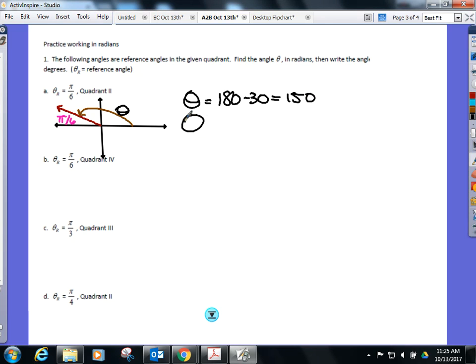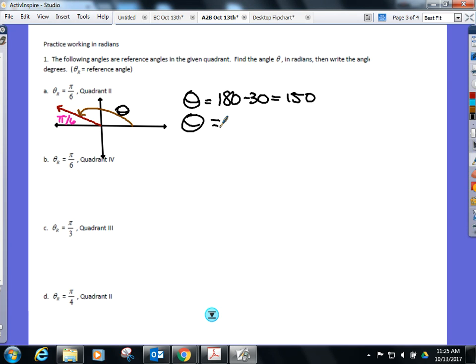Okay, ready? No reference sheets. We can do it without it. 150 in radians. Ready? Watch the magic happen. What's pi over 6? 30. What was the actual angle in degrees? So what do you multiply 30 by to get to 150? You can use your calculator for that if you need to.